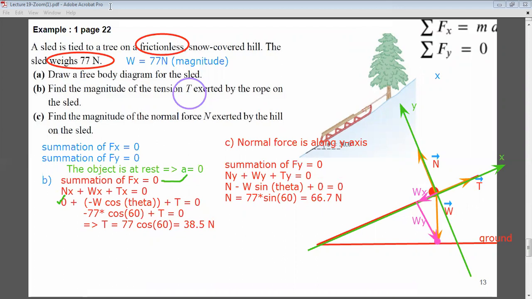Now, how to find Wx and Wy? I have this angle theta here, 30 degrees. Now, look at this triangle. I named it O, A, B just to make it easier for you.